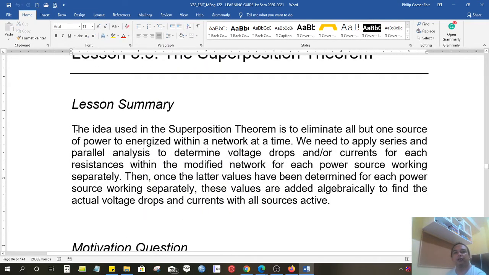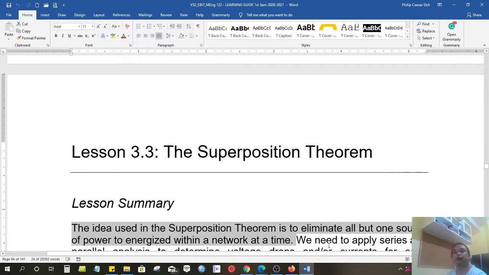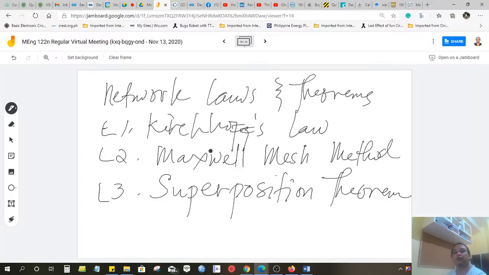As you can see, based on my definition, superposition is a theorem where we start finding the values of a certain load when the other sources are eliminated. For example, we have our example here so you can understand it.